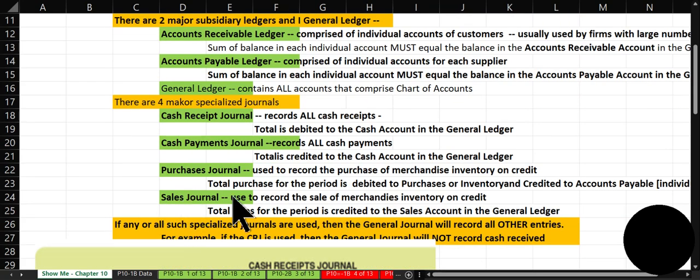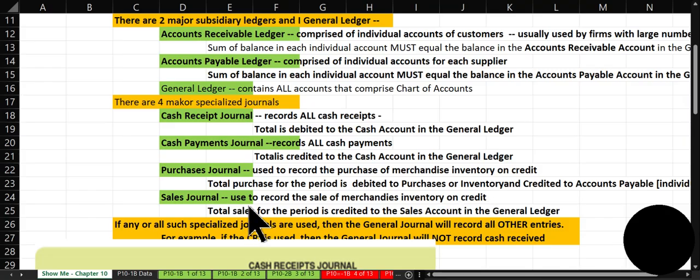The sales journal is used to record the sale of merchandise inventory on credit. Notice cash sales would not be in the sales journal. Those would be in the cash receipts journal. But the sales journal is used to record the sale of merchandise on credit.